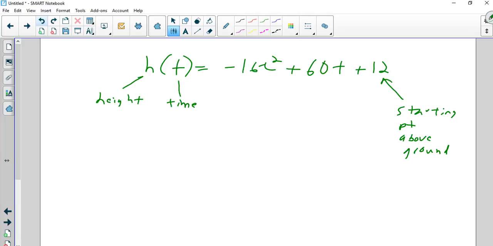And this number here is initial velocity. How fast is it going when it starts? Okay? And what happens is this negative, I kind of alluded to that earlier, tells you that it's going to be an upside down parabola.